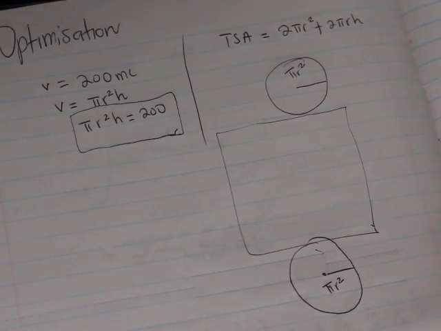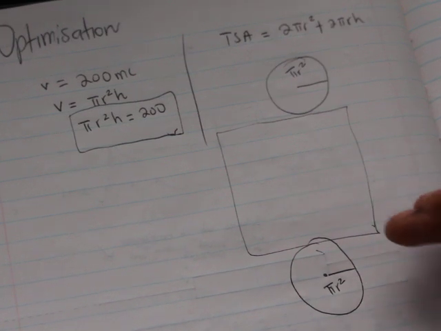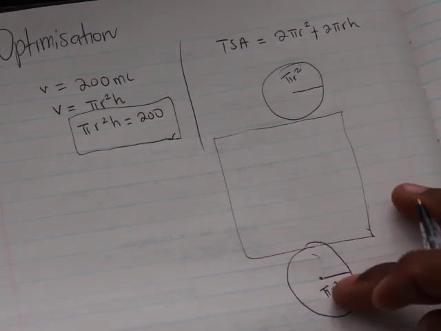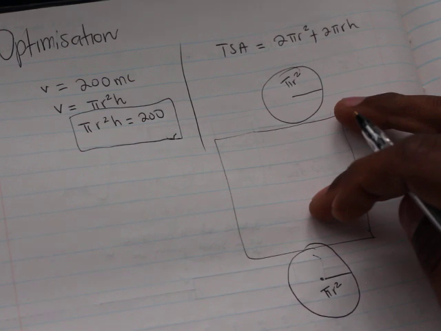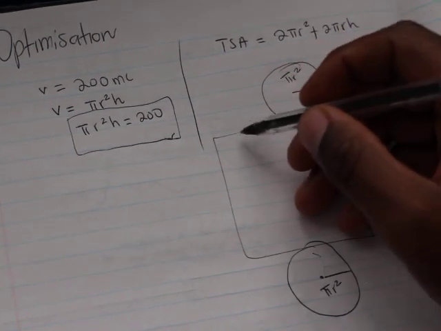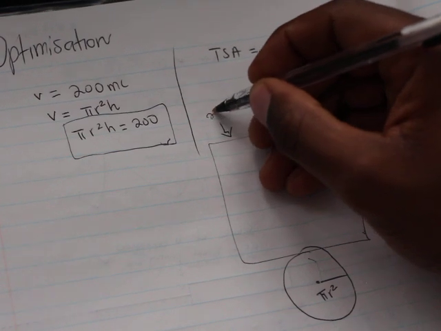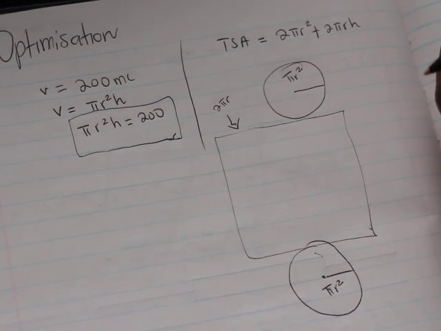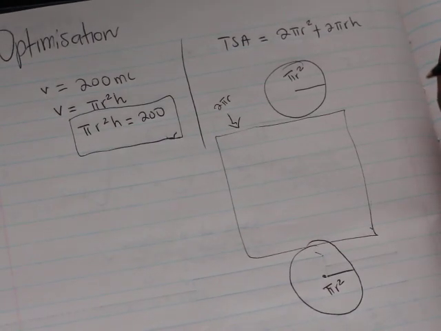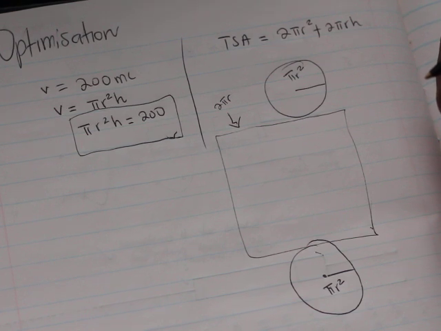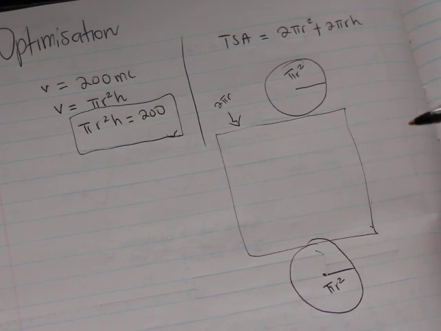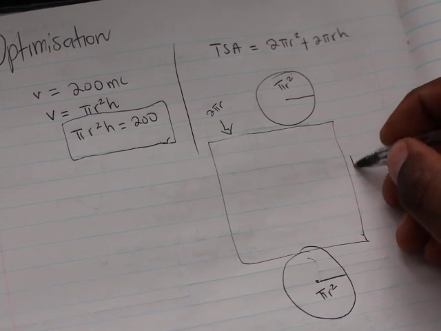So now we already know that the area for this is going to be pi r squared plus the pi r squared plus the midsection. But the length of this length here, it's actually 2 pi r, which is the circumference. Now the height is this.